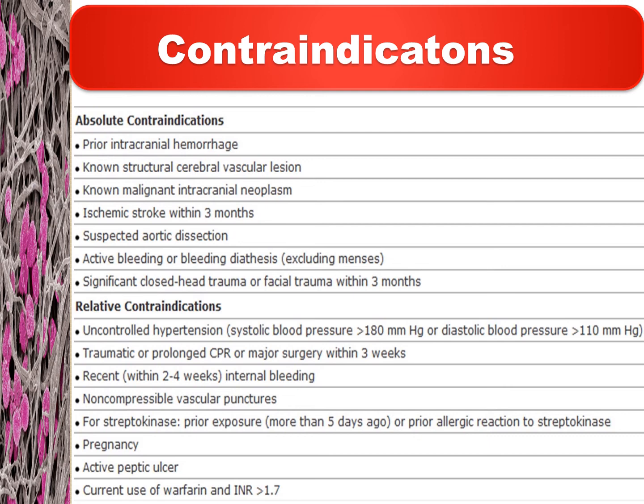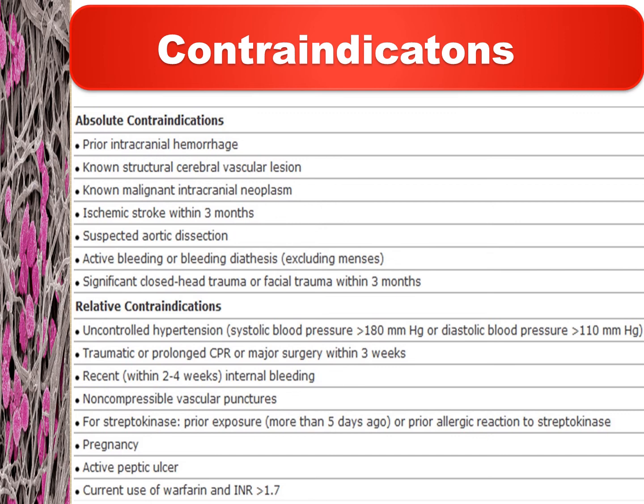And if you see the relative contraindications, they are uncontrolled hypertension, that is, systolic blood pressure more than 180 mm of Hg or diastolic blood pressure more than 110 mm of Hg. Another relative contraindication is traumatic or prolonged CPR or major surgery within 3 weeks.